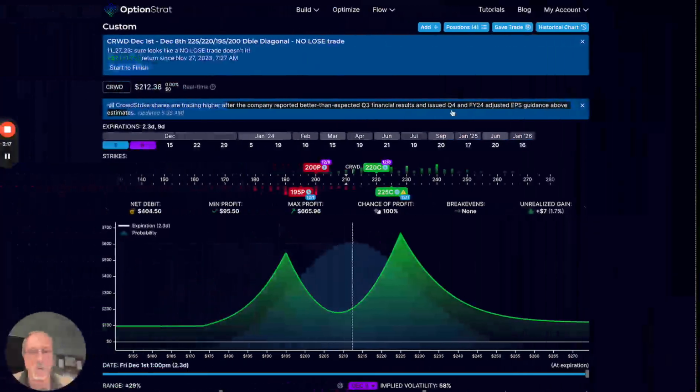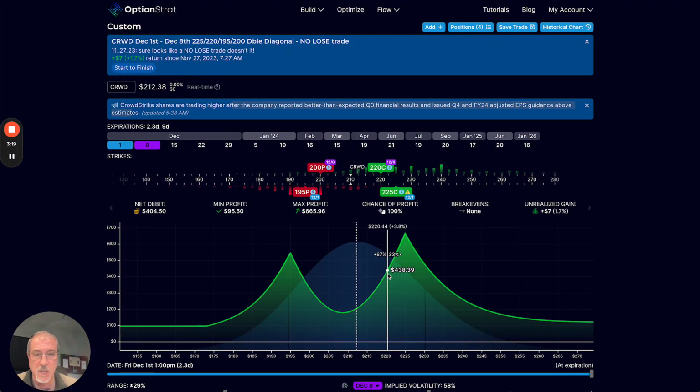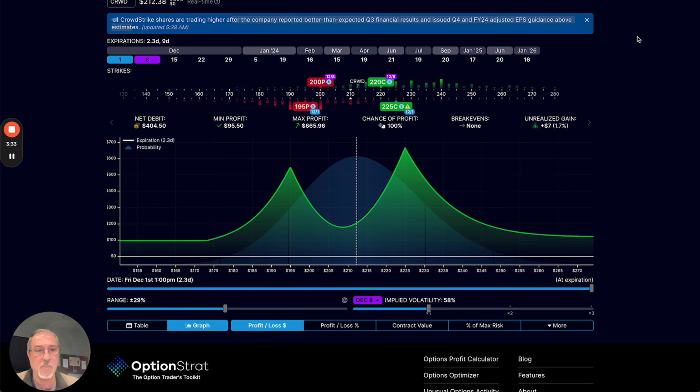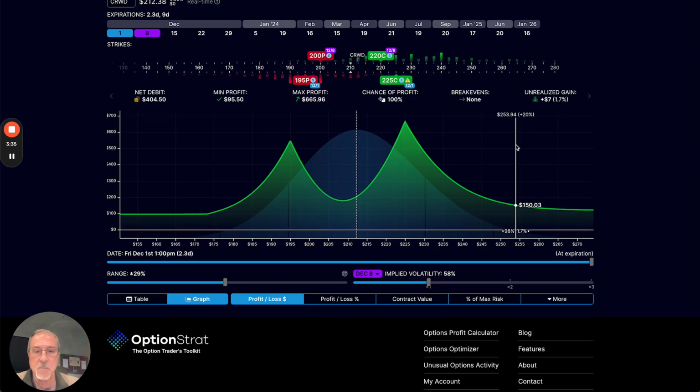But let's look at where 220 would put us. So 220 would put us right around in here to where it looks like we should have a fairly decent profit. Now, one of the things that we can do with optionstrat that we can't do with any other program that I'm aware of is the ability to come in and look at how these 2 different expiring strikes work differently.